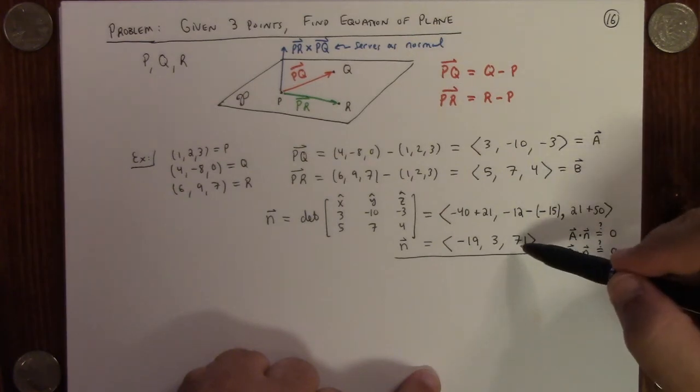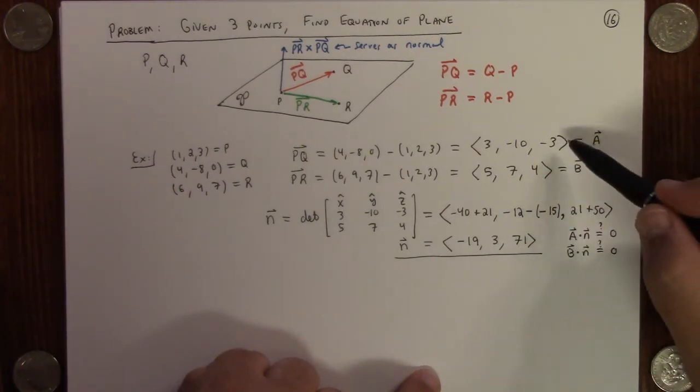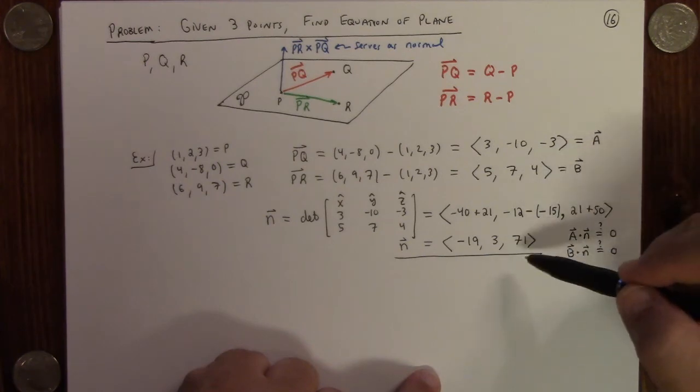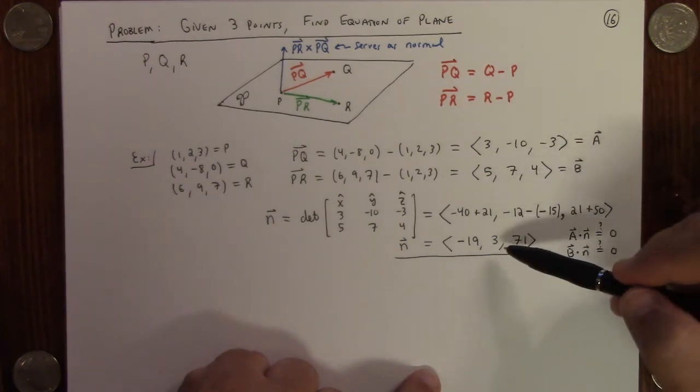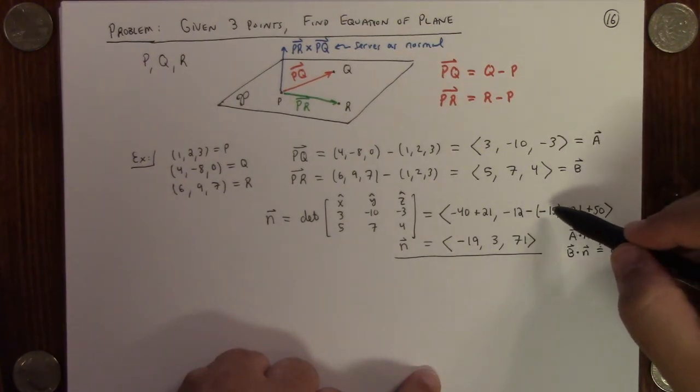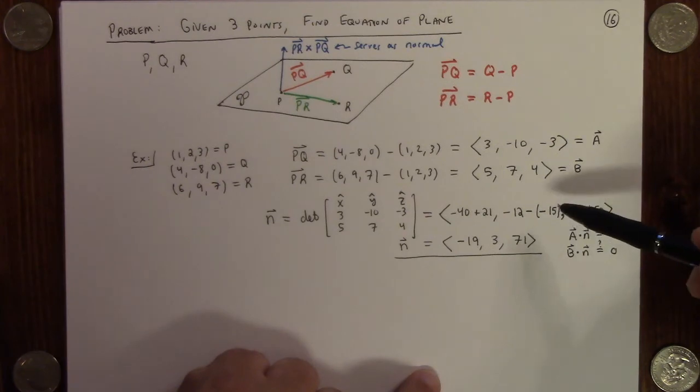3 times 70 is 210. It's minus 200 and minus 213. I suspect that was supposed to be a minus instead of a plus, when you think through the sign there.